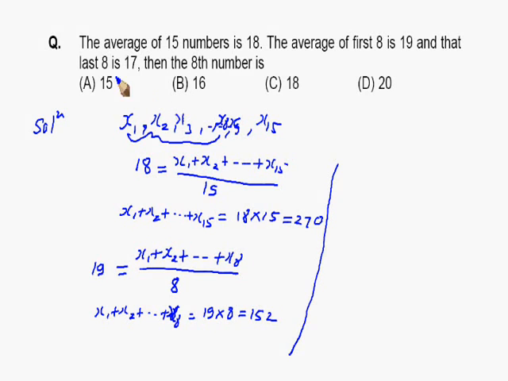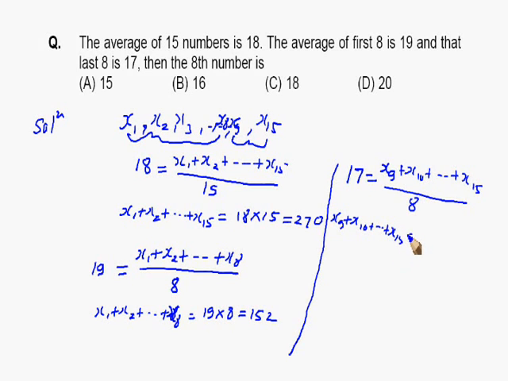Now the average of the last 8 numbers, from x8 to x15, is given as 17. So the sum of the last 8 observations, from x8 to x15, is 17 into 8, which is equal to 136.